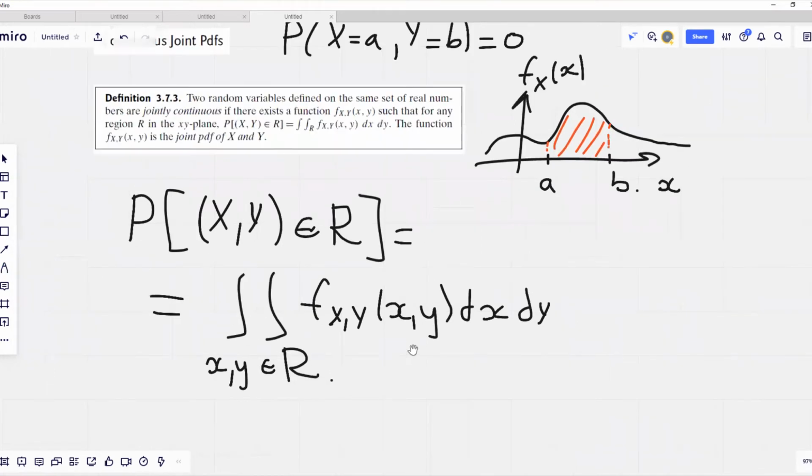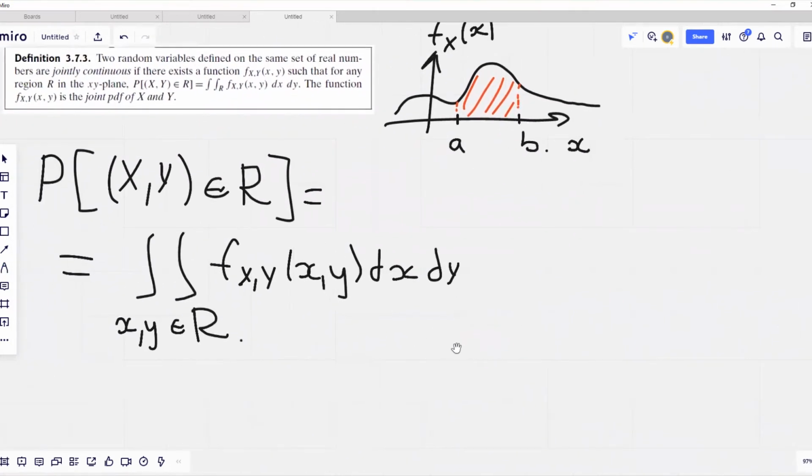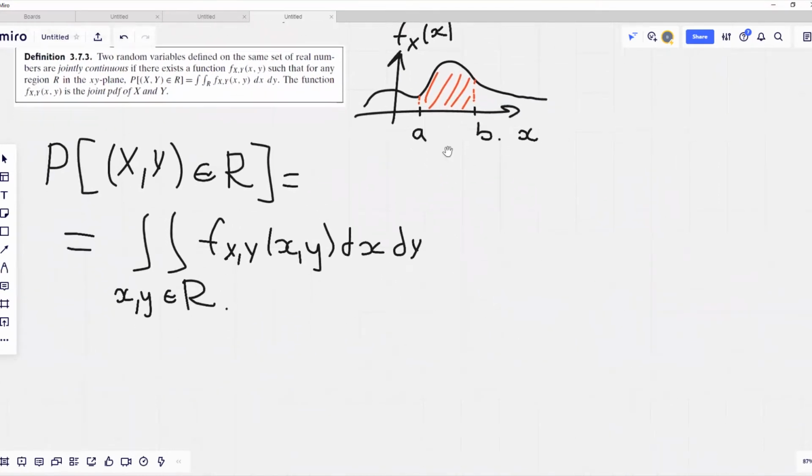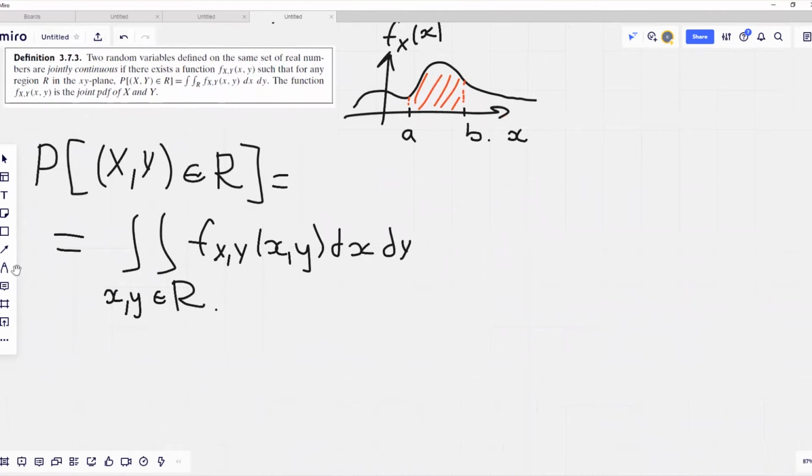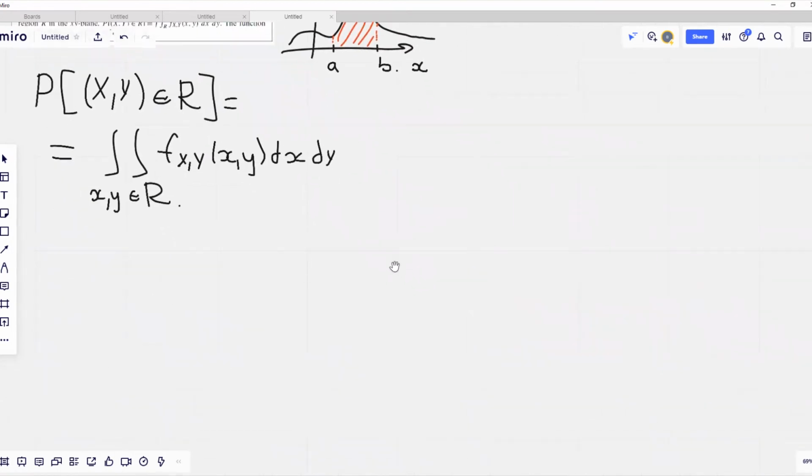All right, now if we extend our plot of the PDF from a single variable case to a case when we are working with two random variables x and y, then we'll have the following plot. On the z-axis here, we'll have the value of the PDF function of x and y.